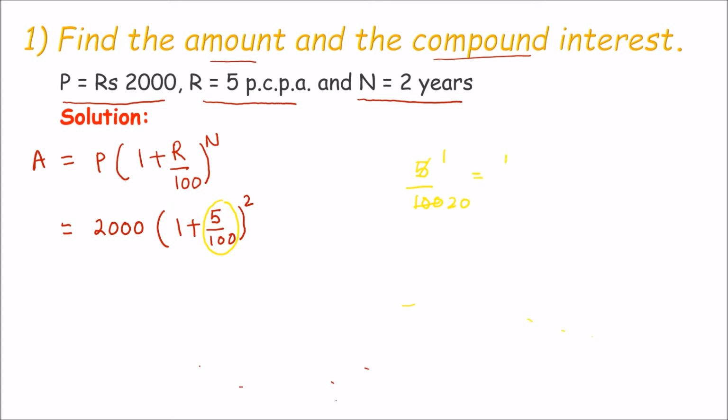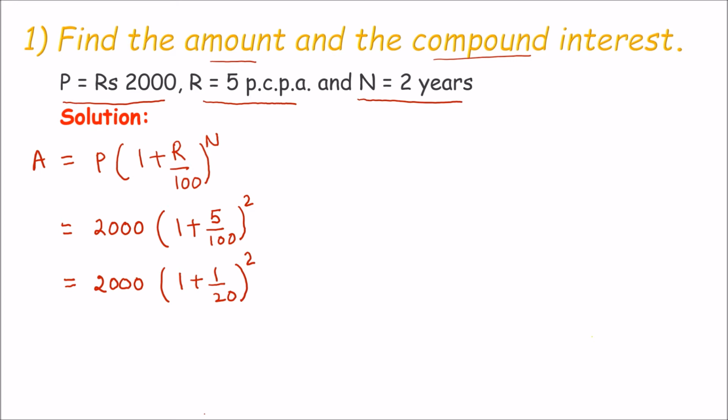So the lowest form of 5 upon 100 is 1 upon 20. So we will get 2000, 1 plus 1 upon 20 raised to 2.